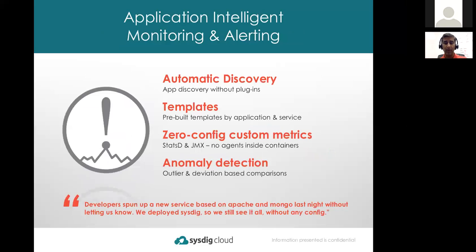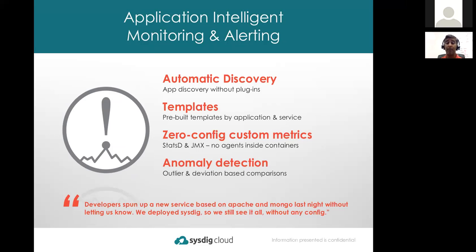All right. The next thing we need to do is enable more of a dynamic alerting environment based on the way your containers may be shifting around. So when you have a complex containerized environment, you can't be spending time manually tuning your monitoring system to adapt to the fact that a new container spun up or a new version of this application came in, and so on and so forth.